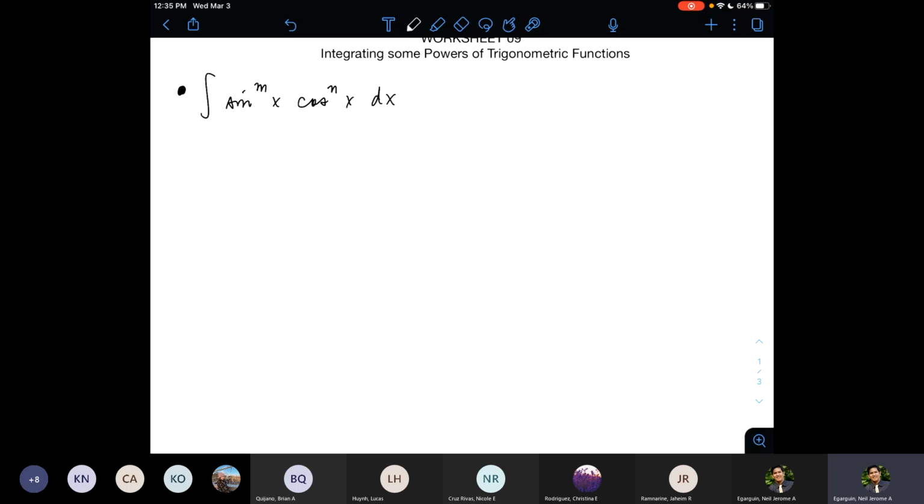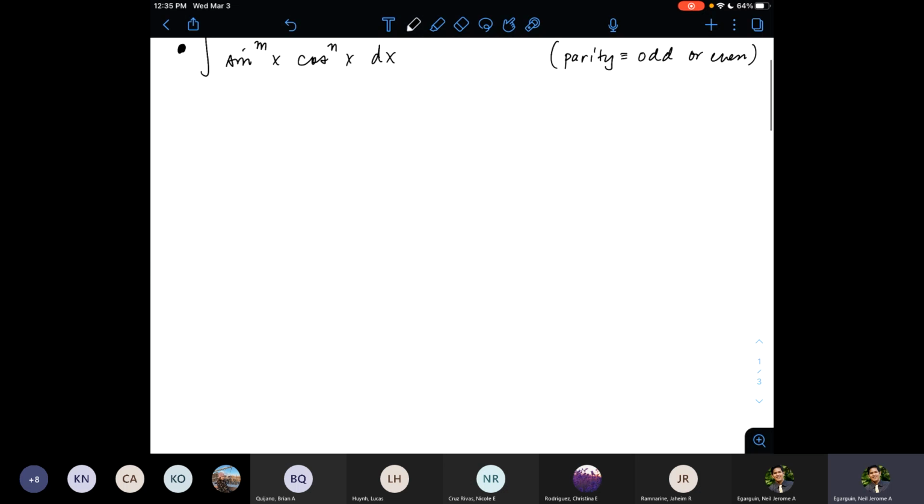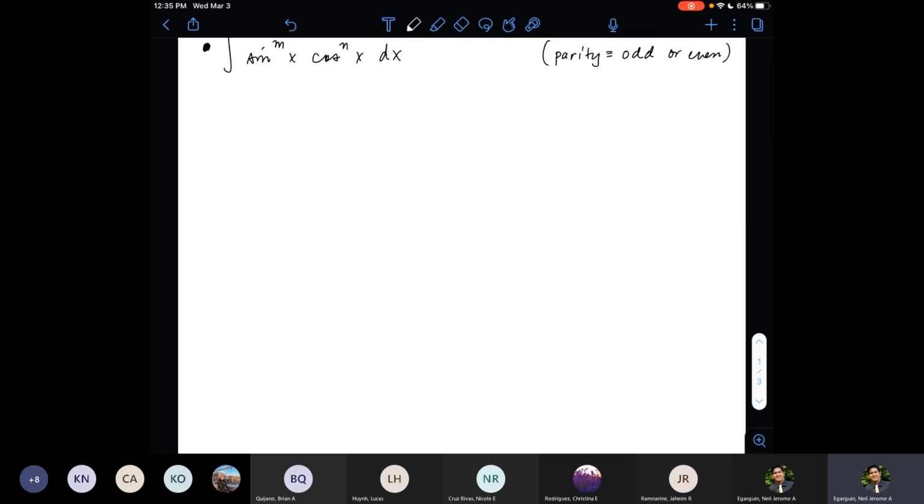The solution will depend on the parity of m and n. When I say parity, it is simply being odd or even. That's what we meant by the parity of two numbers. So it depends on whether m and n are even or odd, or what type of combination we have.